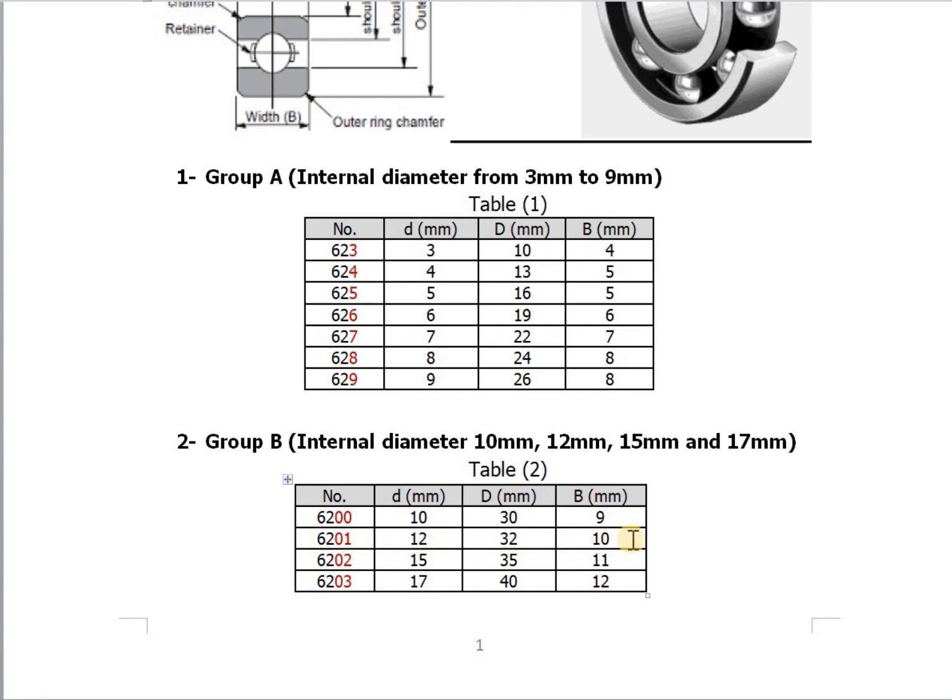We can follow the same for 12, 15 and 17. For example, 02 is 15 millimeter internal diameter, 35 outside diameter, and 11 width of the bearing. This is the width of the bearing.